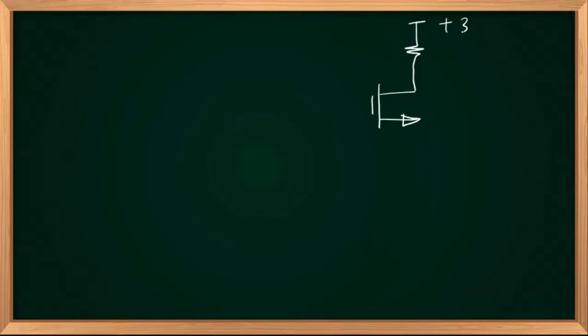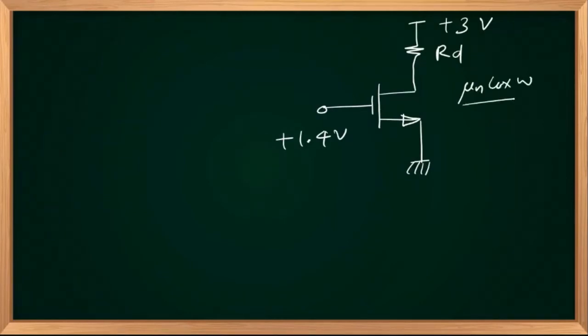Supply voltage is positive 3 volts. RD is unknown. Source is grounded. Gate, you are directly given positive 1.4 volts applied. Parameters are given: mu n C ox W by L equal to 2 milliampere per volt square.